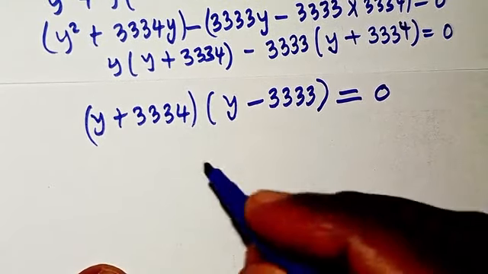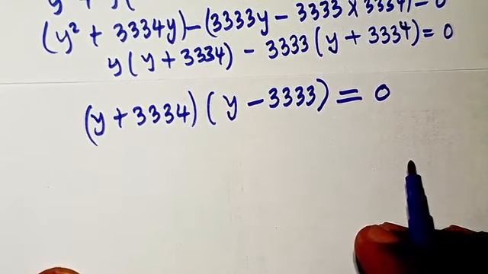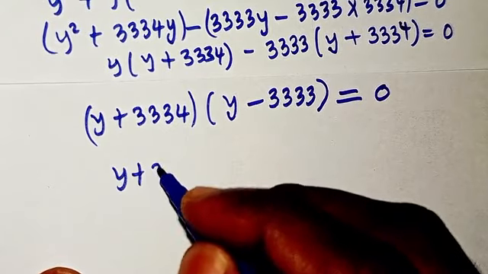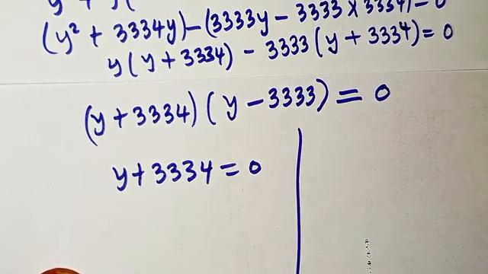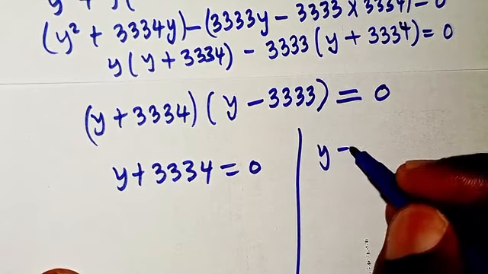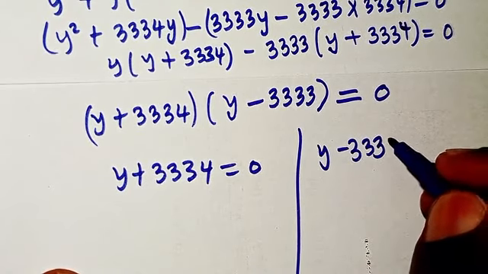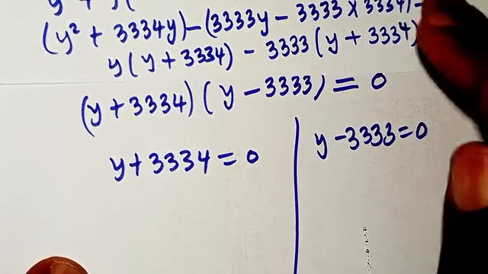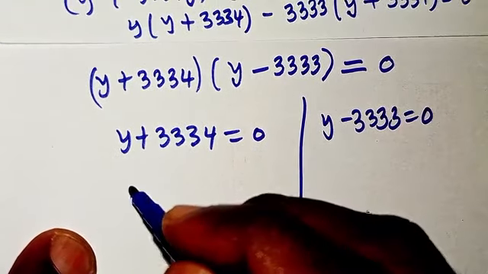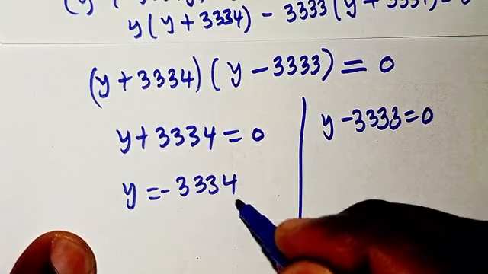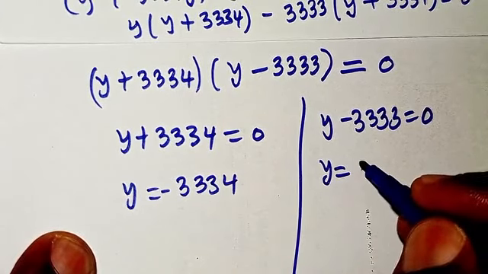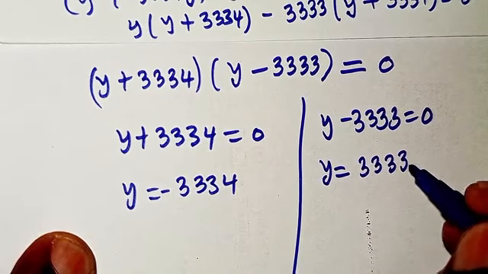So now from there, we have this in zero form, where we have y plus 3, 3, 3, 4 equal to 0, and y minus 3, 3, 3, 3 equal to 0. So now from there, we have y equals minus 3, 3, 3, 4, and here y equals 3, 3, 3, 3.